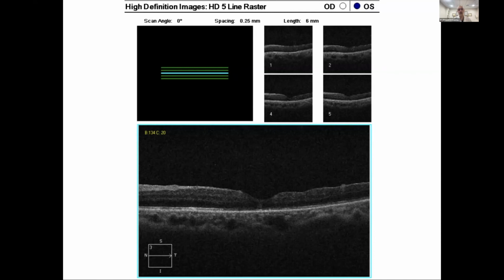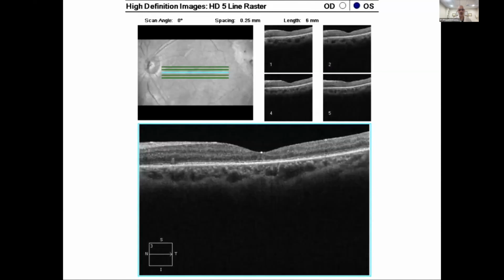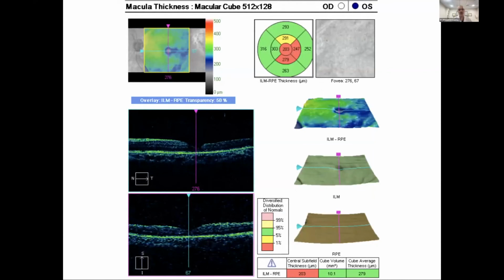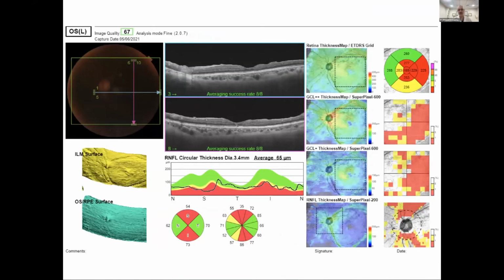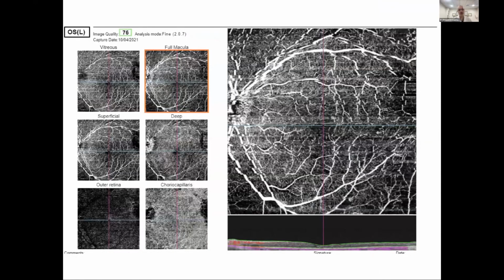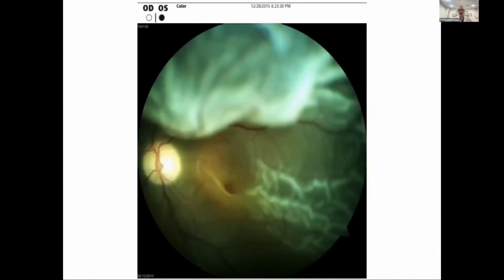And this is the post-op image, immediate post-op image under silicone oil. And this is after removal of the silicone oil. This is even the fluorescein, the OCT angiography, and this patient improved to 20/40, as I remember.